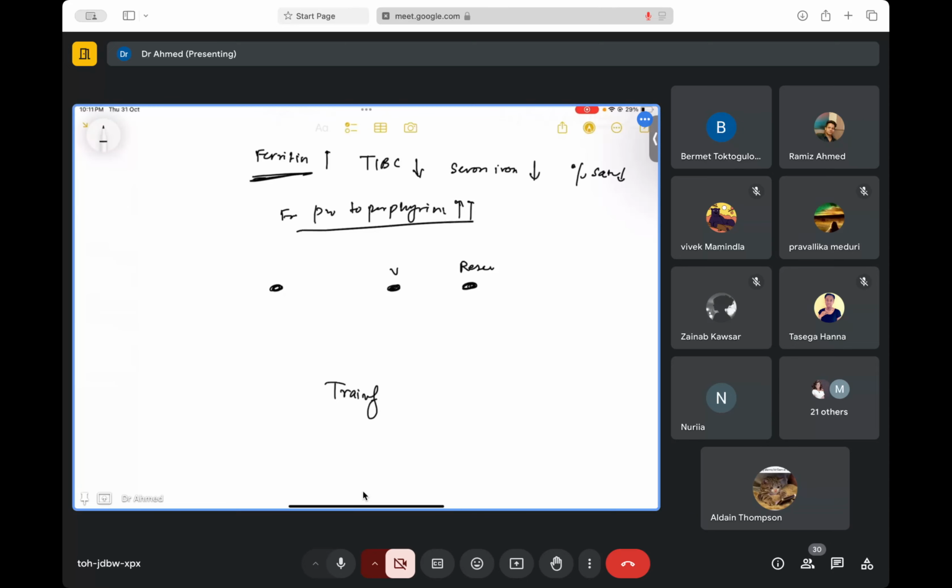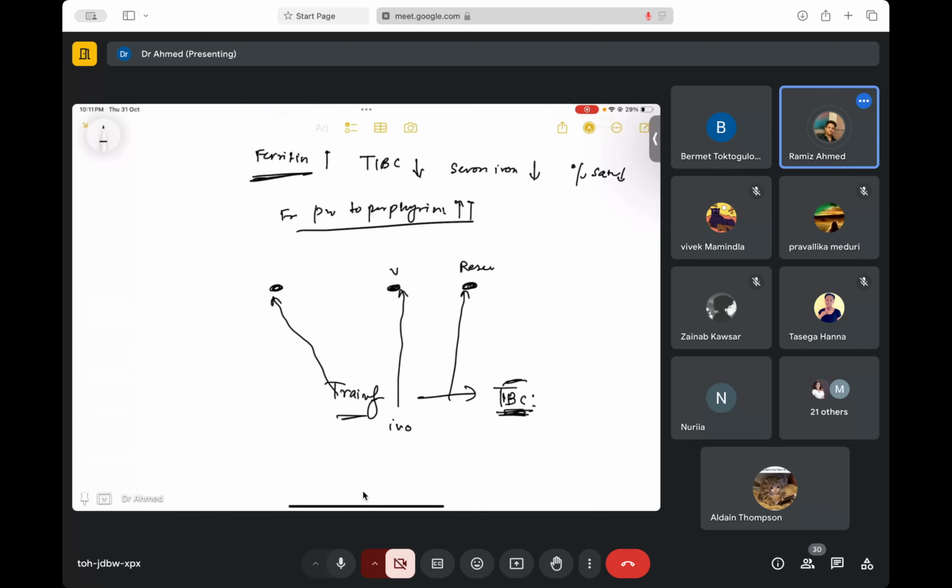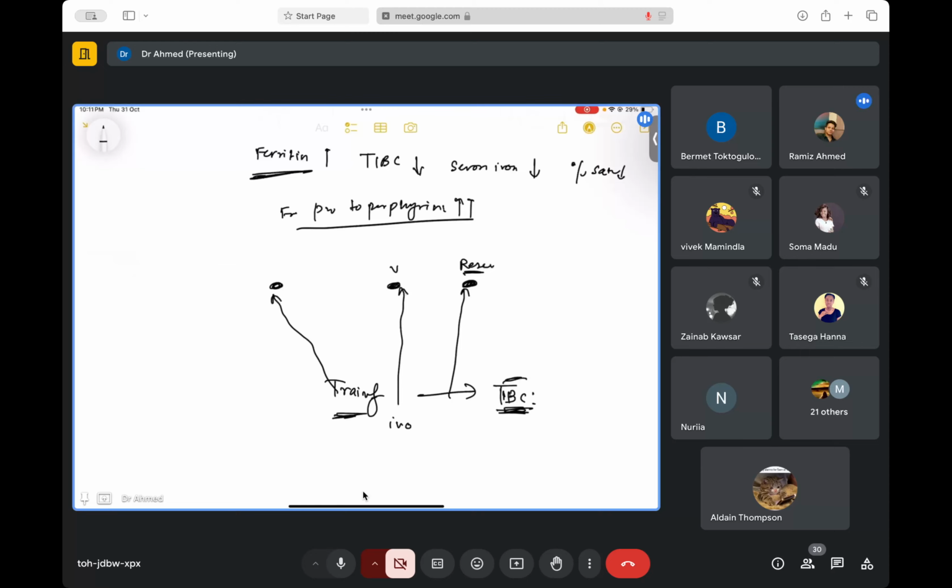Transferrin basically indicates your TIBC. It binds to iron and is going to bring iron into the reservoirs. If I have good reservoirs, I don't need these transferrin molecules to bring more.